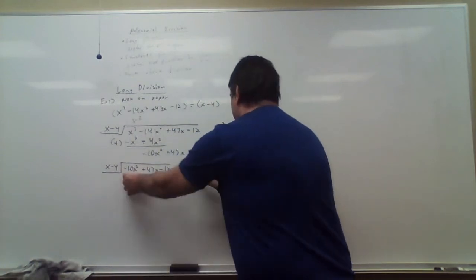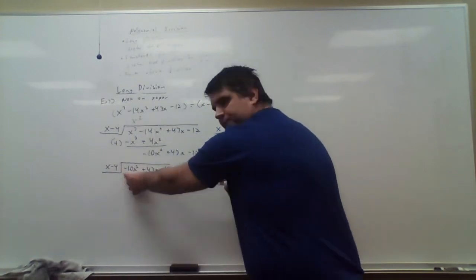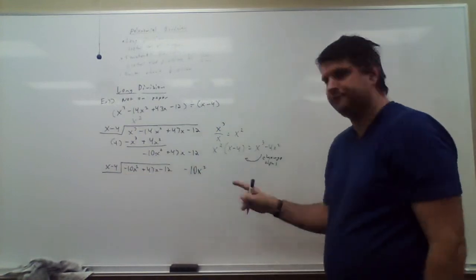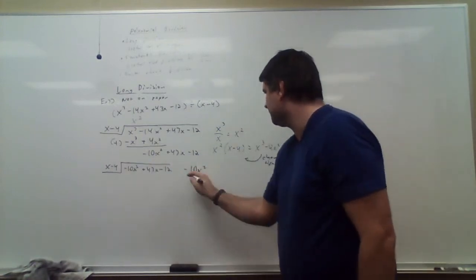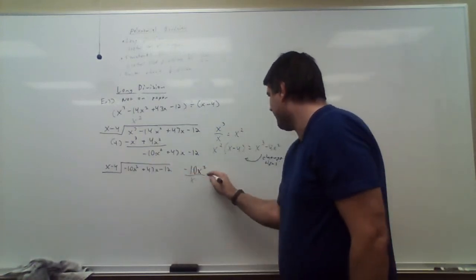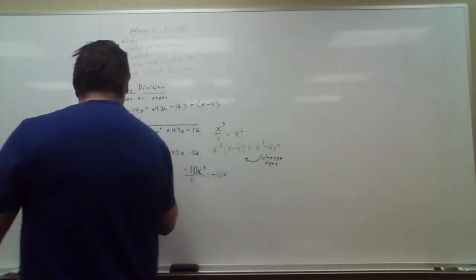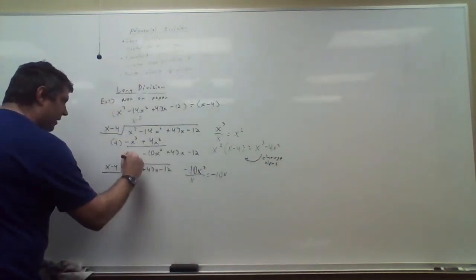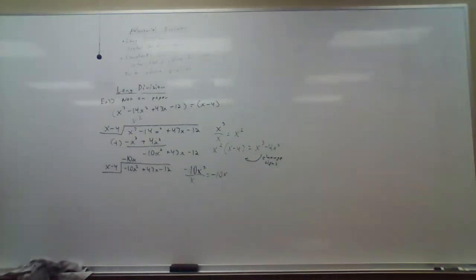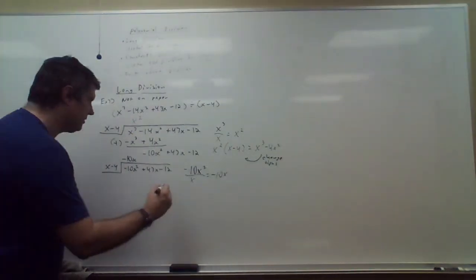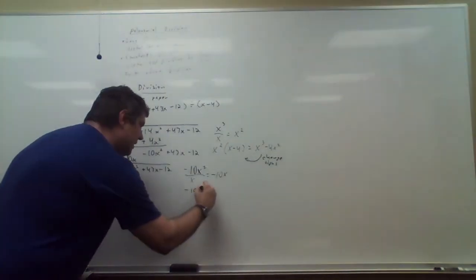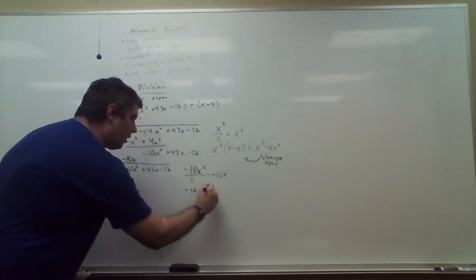Divide the first term by the first term. I get negative 10x. So negative 10x will go up here. I will take negative 10x and multiply it by x minus 4.